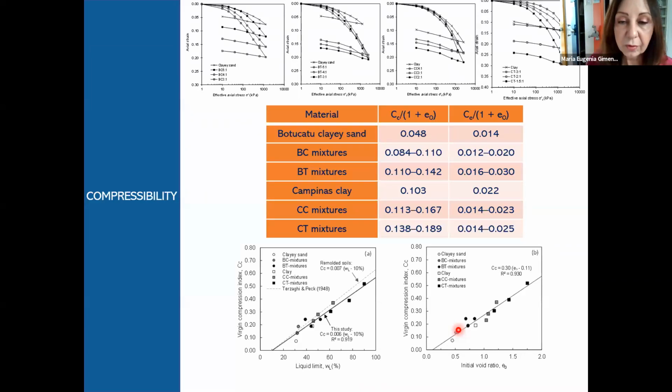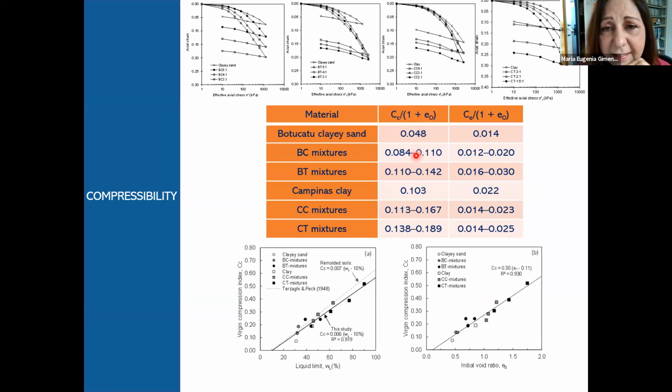In terms of compressibility, the mixtures present low to medium compressibility. Here we have the compression coefficient. The compression coefficient is the compression index divided by 1 plus the initial void ratio.